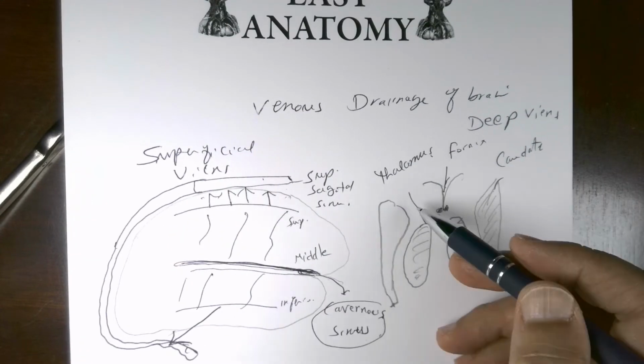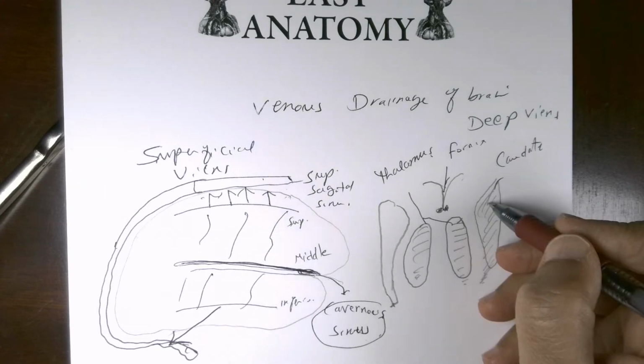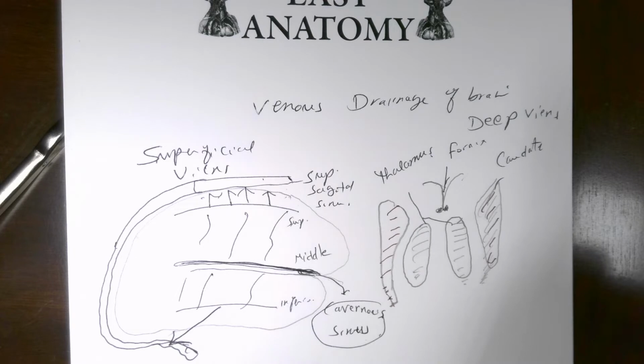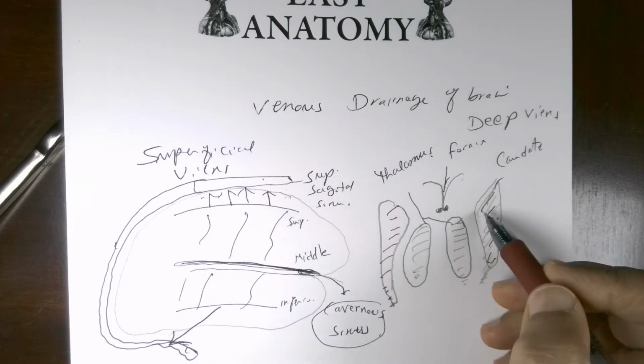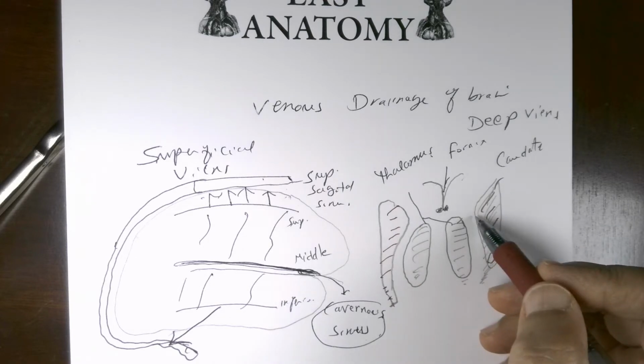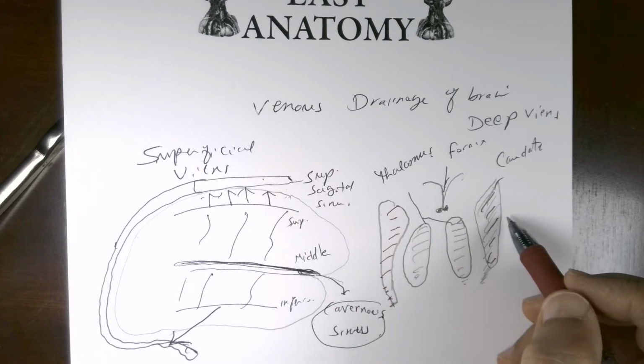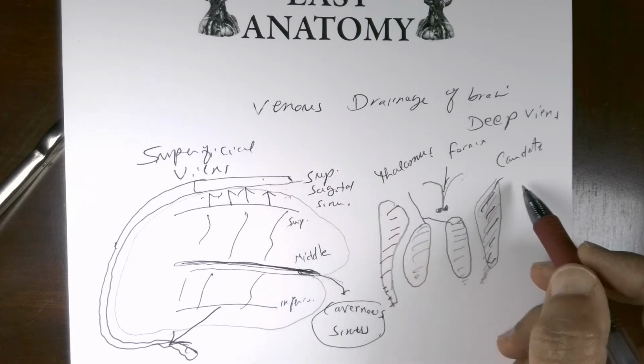Coming to the veins related to the corpus striatum. Remember that caudate, internal capsule, and the lentiform nucleus outside here usually form the corpus striatum.